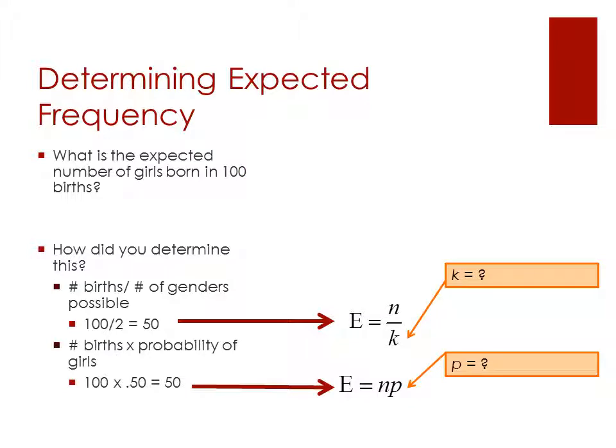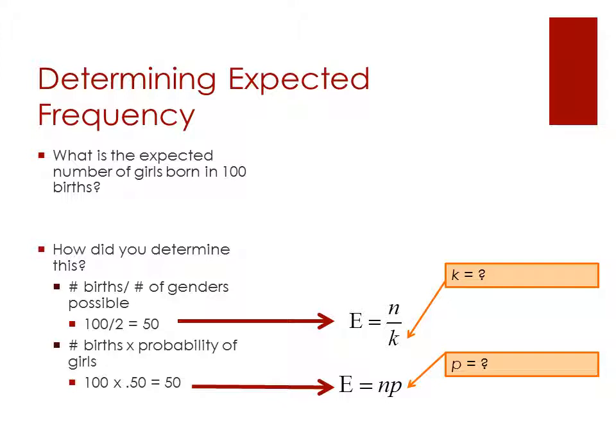Now, both of these approaches match up with the formulas your book has provided. So if we're looking at the expected frequency, you have n divided by k. In this particular formula, k represents what? So the k is going to be representing your number of categories, right?